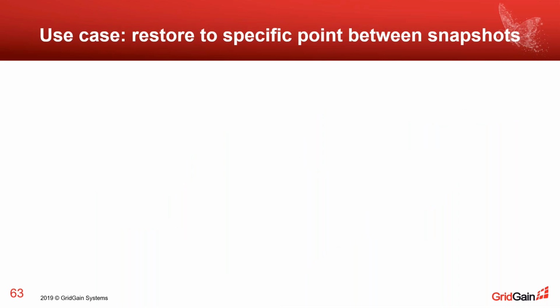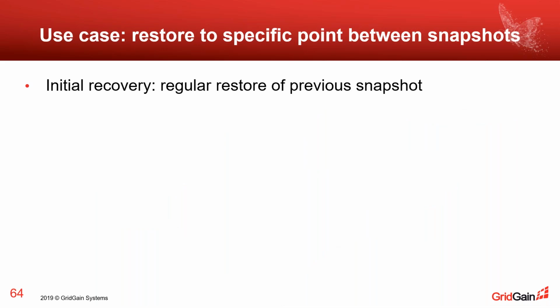Okay, and an even more specific scenario, if you want to restore to some point in time between snapshots. For example, if you create snapshots daily and you want to restore to the middle of the day, there's a point in time recovery option.